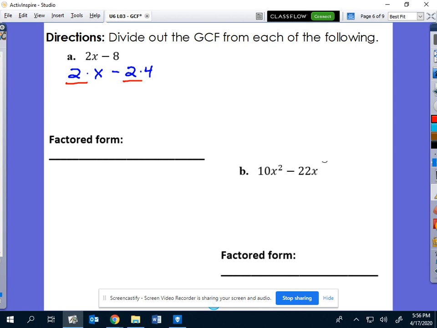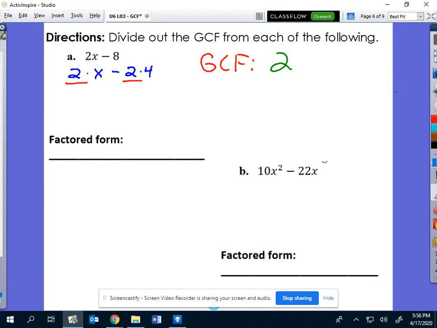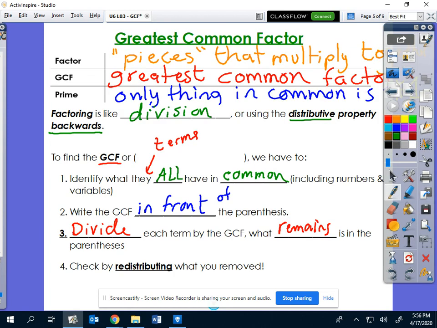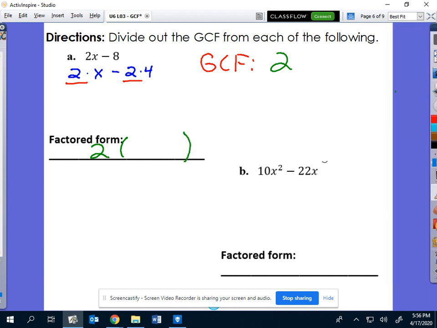So really our GCF, if we label that off to the side here, is just that value of 2. If you remember, going back to our steps, once we know what the GCF is, we write the GCF in front of a set of parentheses. So the 2 goes in front of a set of parentheses. On the factored form line, put a 2 in front of the parentheses.